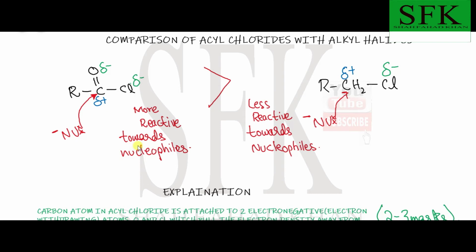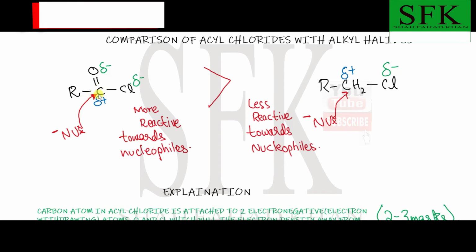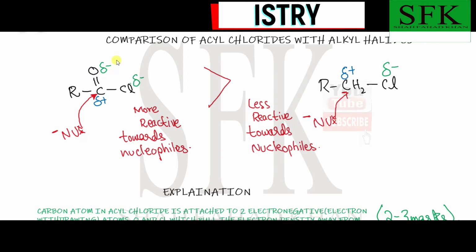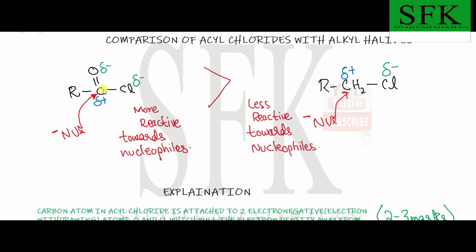Basically, if we look at the acyl chlorides, the carbon is double bonded to an oxygen atom, which is highly electronegative, and at the same time, the same carbon atom is bonded to a chlorine atom, which is also electronegative.